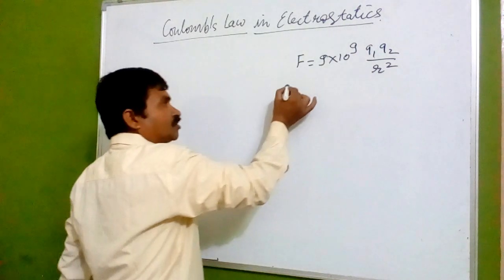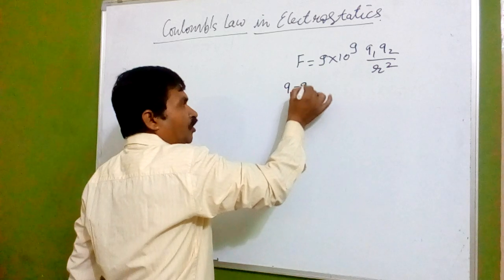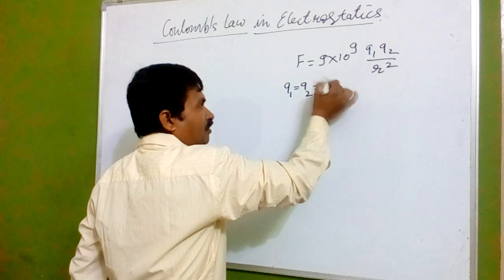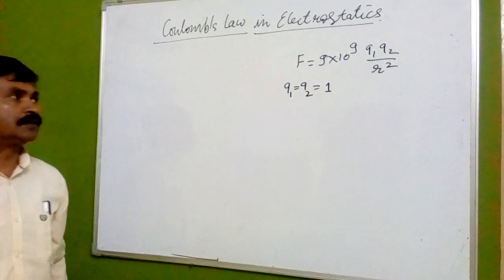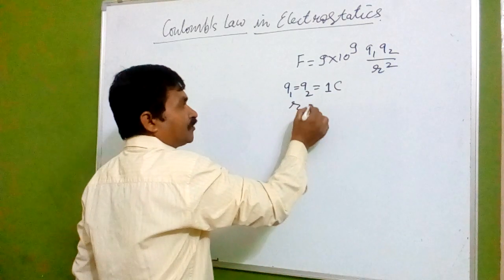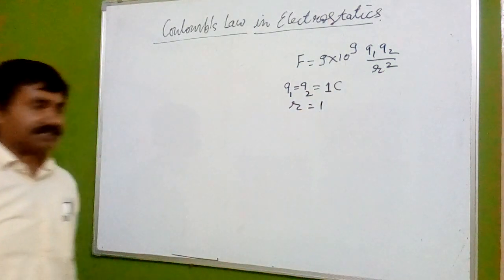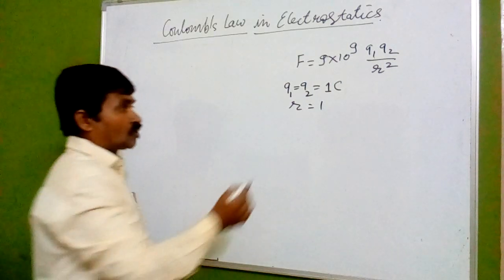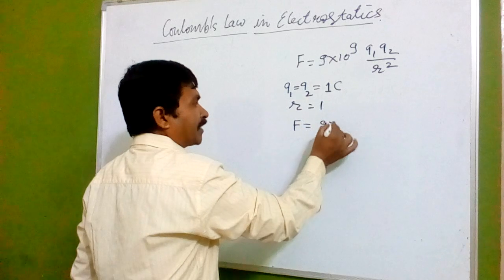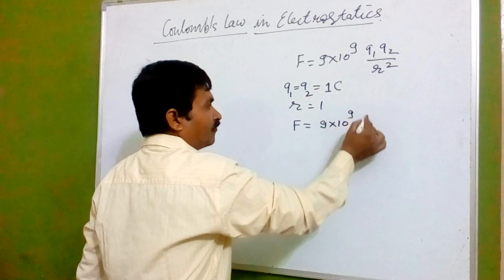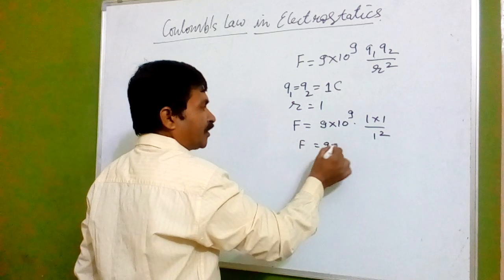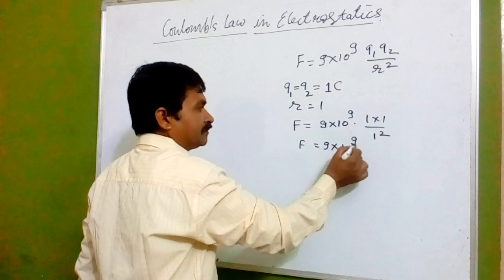If we assume Q1 equals Q2 equals 1 coulomb, separated at a unit distance or 1 meter, then F equals 9 into 10 raised to the power 9 into 1 into 1 upon 1 square. So F equals 9 into 10 raised to the power 9.